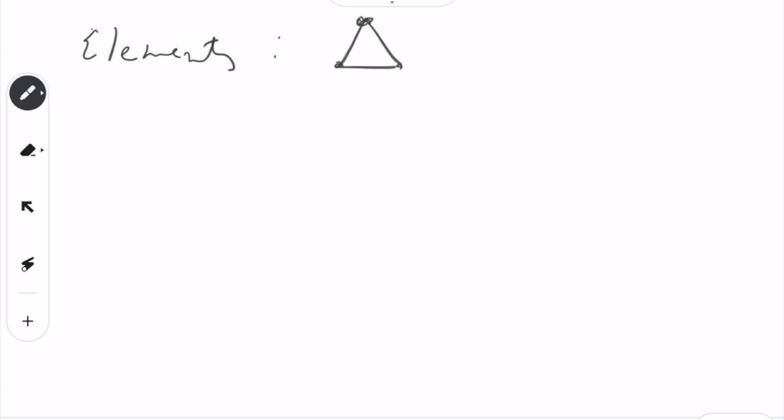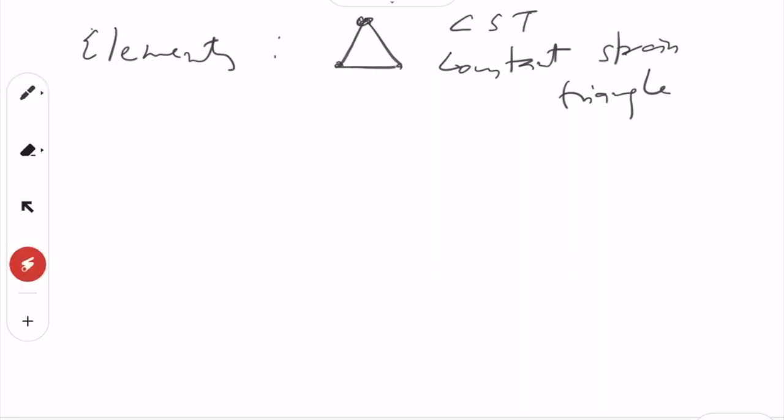Let us start with this one. This is called CST, constant strain triangle, which we have already studied. This is the 3 noded element.